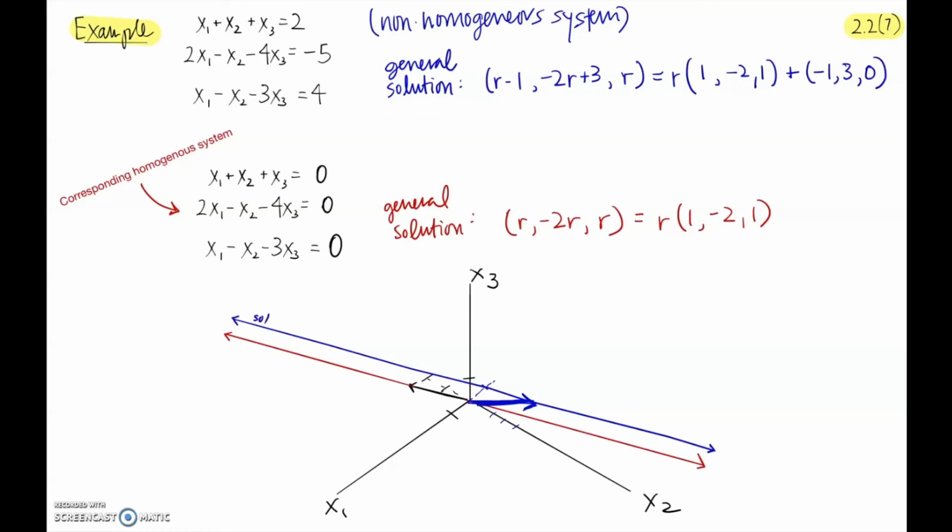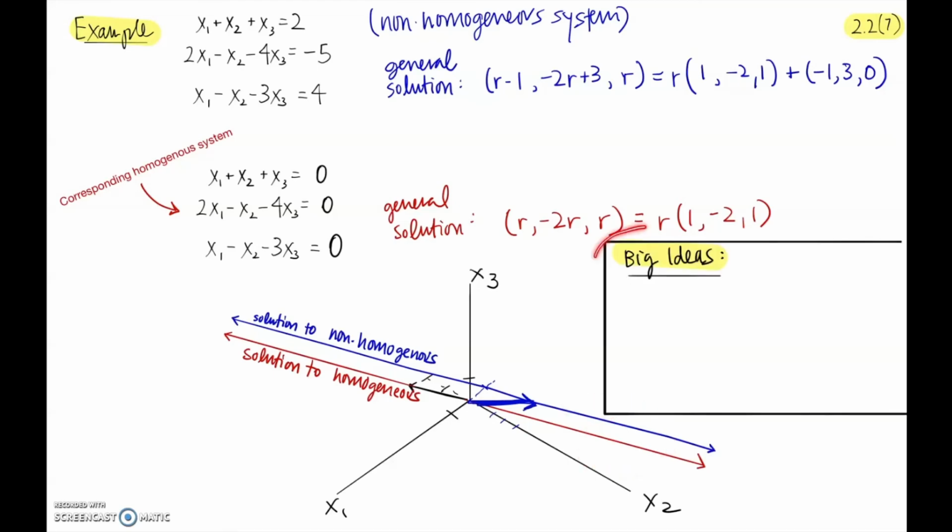Any point on this line will be a solution to the non-homogeneous system. It doesn't go through the point 0, 0, 0. It's not a subspace, it's just a subset. And then these here are all the solutions to the corresponding homogeneous system, which does go through 0, 0, 0, and it is a subspace. It follows all the rules, but they're definitely related, and we can see that here.